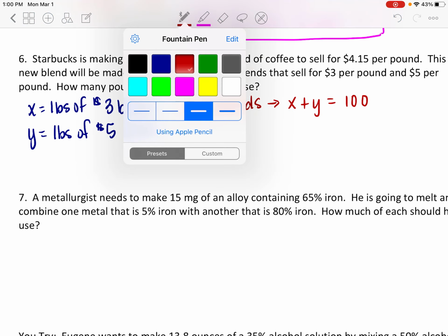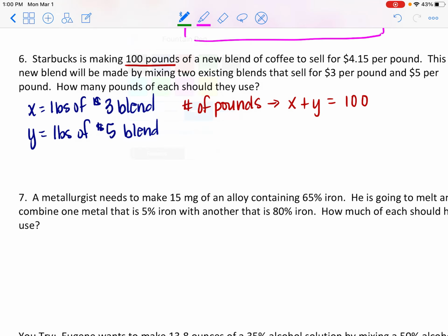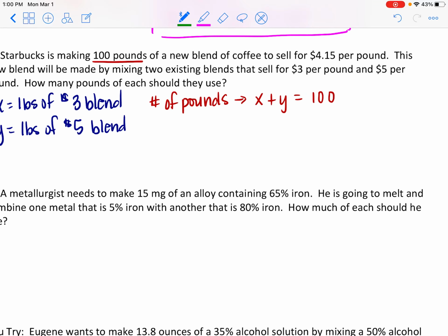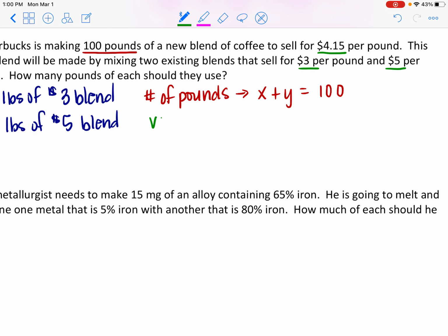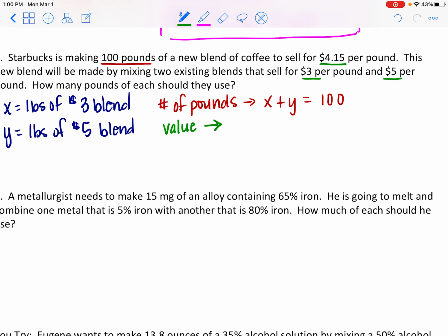And now my second equation has to come from the money. We've got $4.15 per pound, $3 per pound, $5 per pound. So all that money stuff has to go together. So let's put the value in here. Okay, our value equation. The $3 blend is $3 per pound. So 3 times x, $3 per x amount of pounds, right? Plus the $5 blend is $5 per pound. So it's $5 per pound of y.